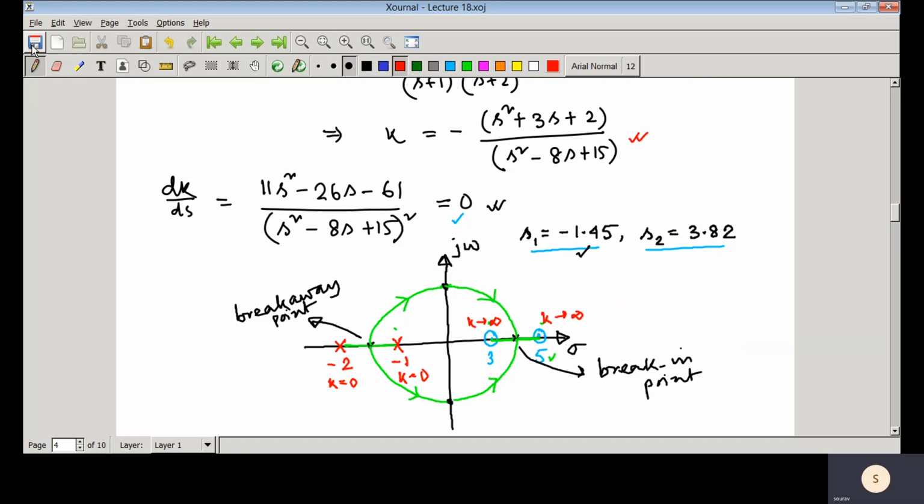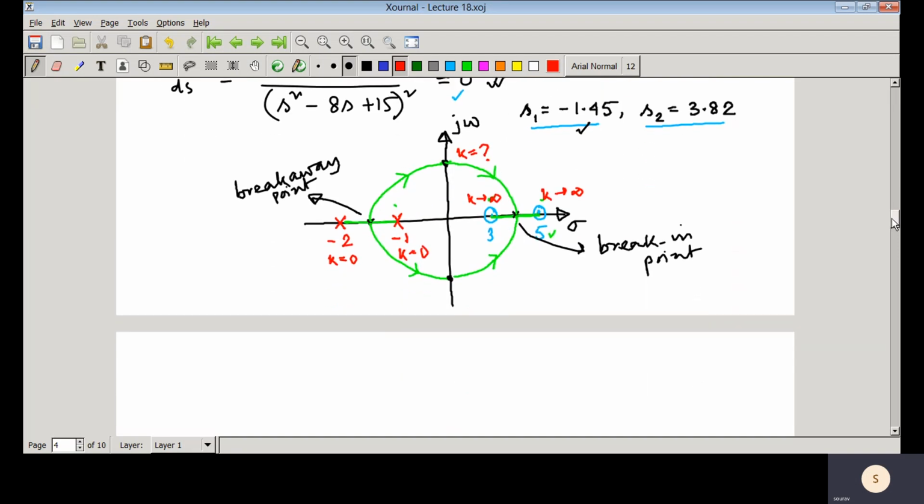Here one point we have noticed is that when we increase the value of K, at some particular value of K, two poles cross the imaginary axis. Now we are interested in finding that value of K and the point at which they cross the imaginary axis.